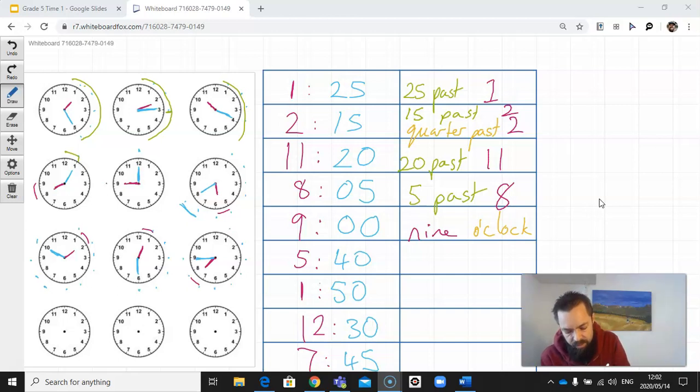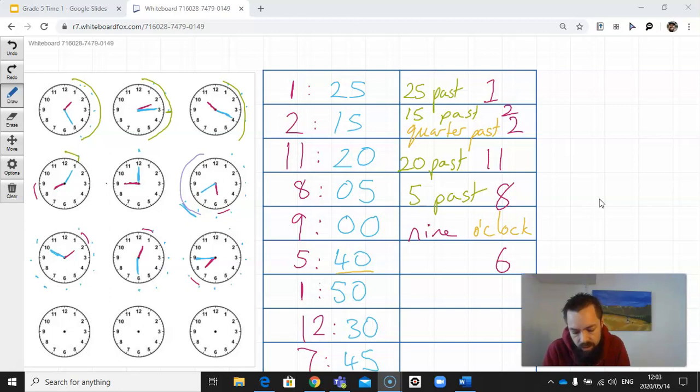Okay, that was 9 o'clock, we've moved now into the second half where we're counting down to the next hour. So the next hour after 5 is 6. Let's do them one at a time. How many more minutes do we need to get to the next hour?